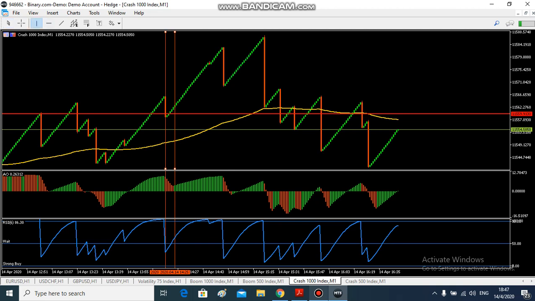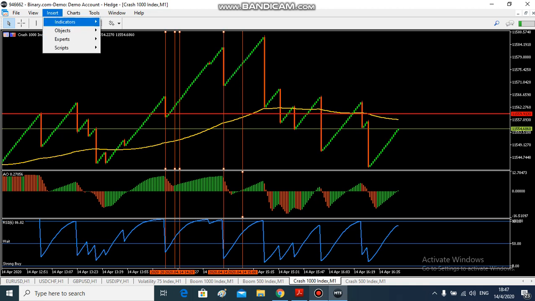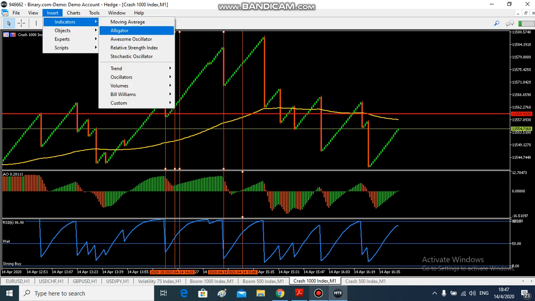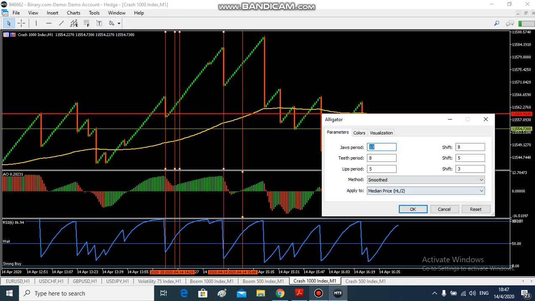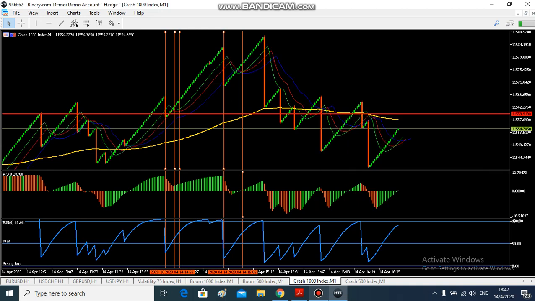We wait for the next 3 candles, 1, 2, 3, boom, that's our exit. We are done. Same thing here. Then we wait for our confirmation candle. I forgot to input our Alligator.